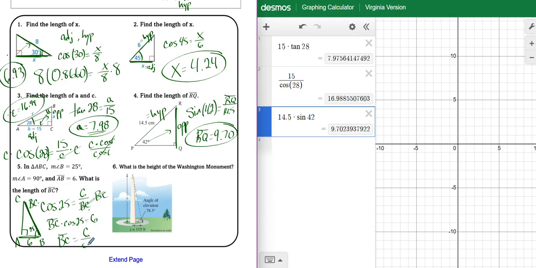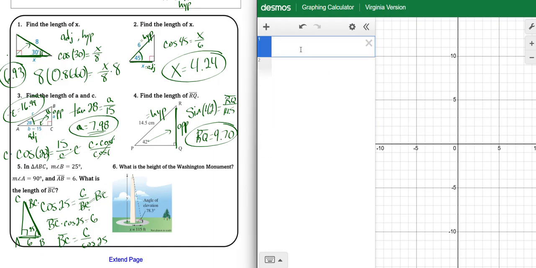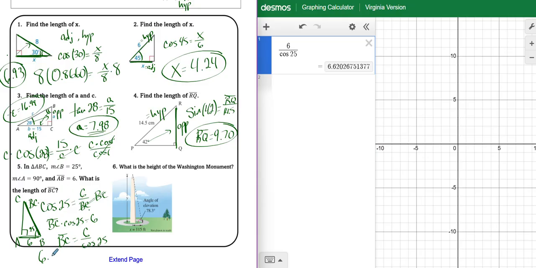So 6 over cosine of 25 is the length of BC. So BC has a length of 6.62. Again, we always want to make sure that makes sense. That's the hypotenuse. It's got to be longer than that 6, so that makes sense.